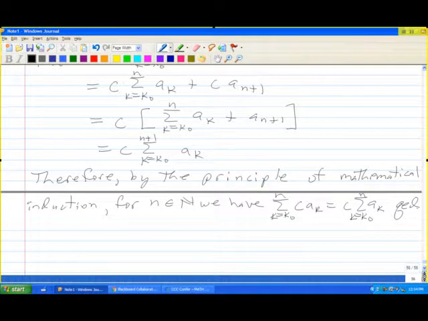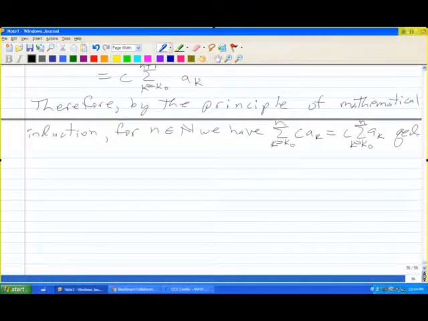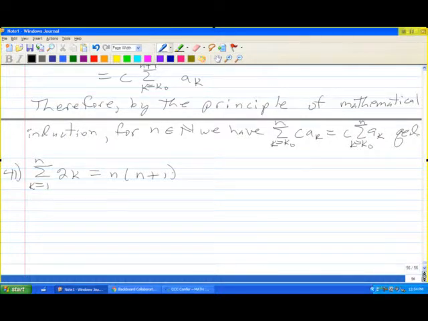So let me do, let's say problem number, so that was 40. How about 41? Let me do problem number 41. The sum k equaling 1 to n of 2k is equal to n times n plus 1.